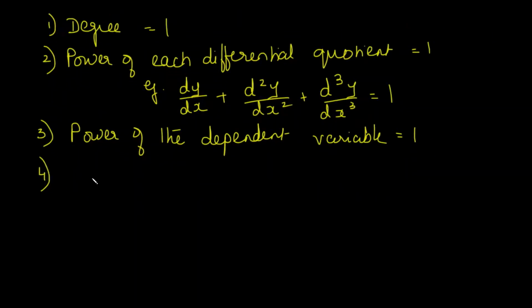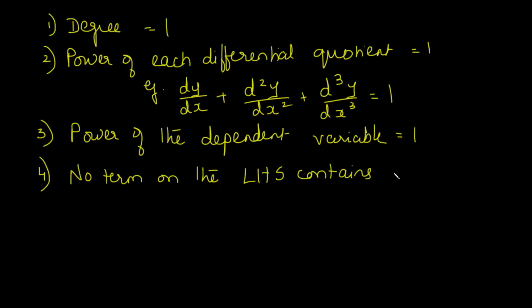Then one more condition to be obeyed for an equation to be linear is that no term on the left hand side contains a product of the dependent variable, that is y, and its differential coefficient.